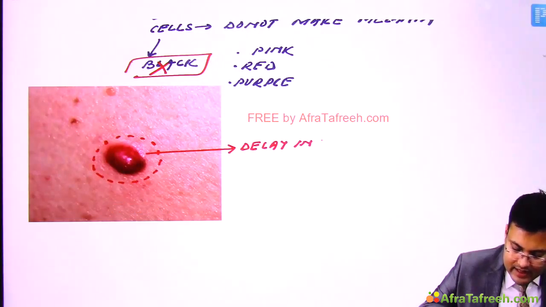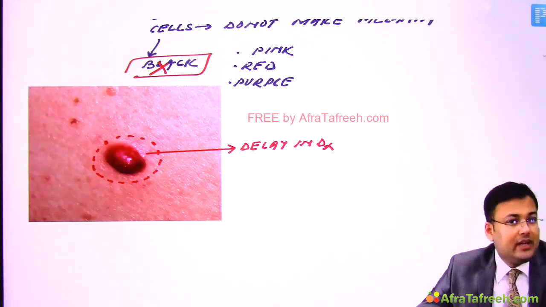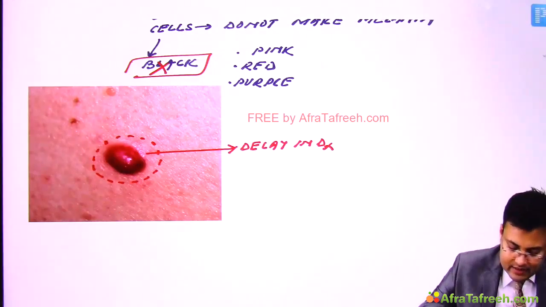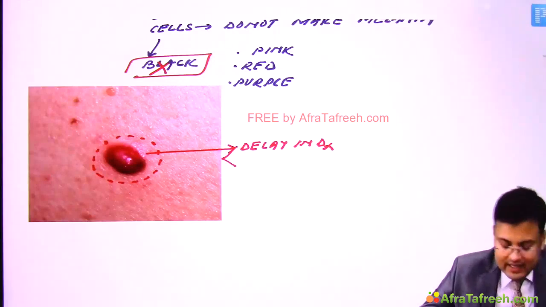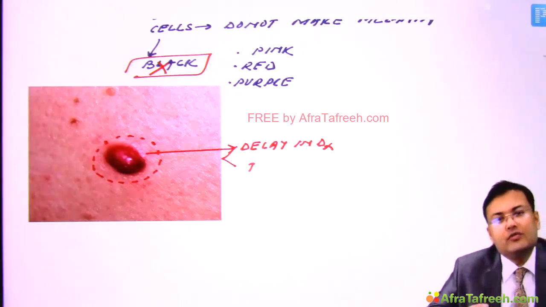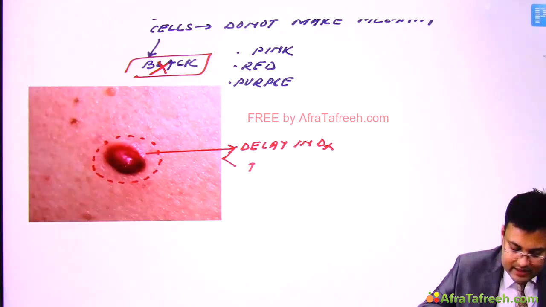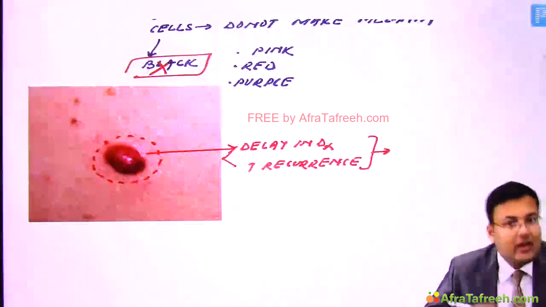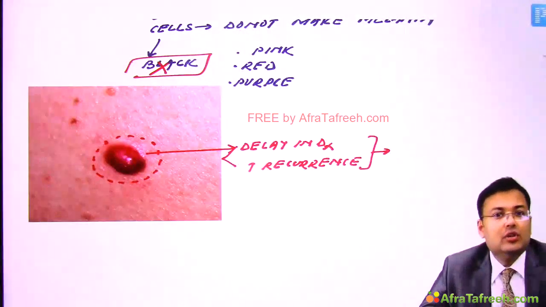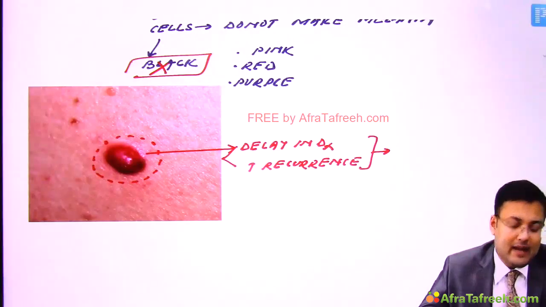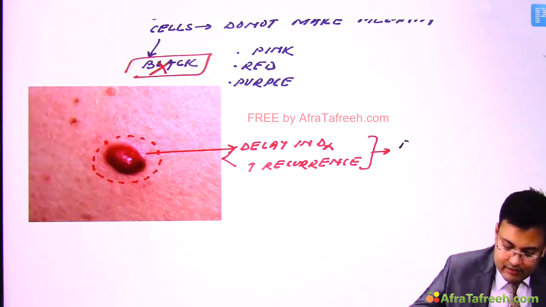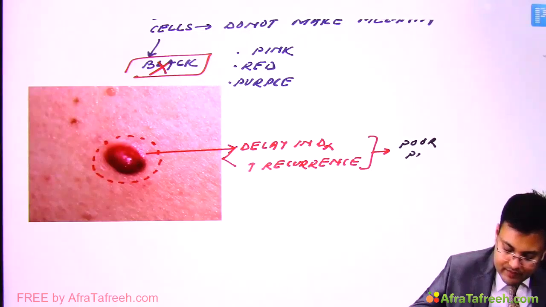And if there is delay in diagnosis, what is the problem? There is increased risk of recurrence. So two problems. One is there is delay in diagnosis, and even if you go for excision, there is increased risk of recurrence. Because of this, in comparison to the normal melanoma, which is of black color, it is associated with poor prognosis. Clear?